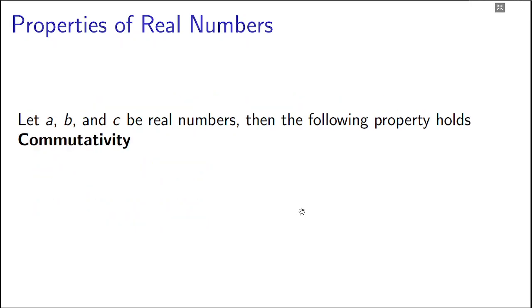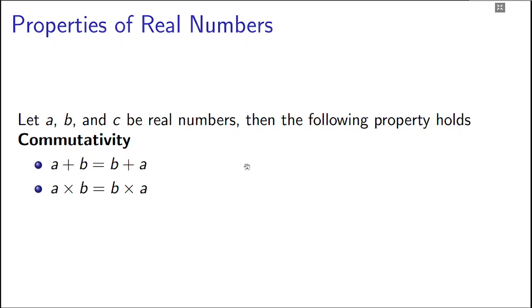Next, commutativity. Here we say real numbers commute under addition and multiplication. Commutativity simply means order. So, which one do you start with? Here, we can say A plus B is the same as saying B plus A. It doesn't matter, right?